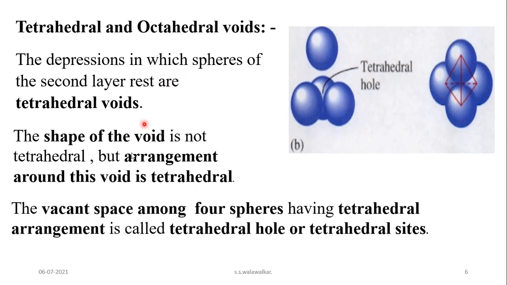And therefore the vacant space among the 4 spheres having tetrahedral arrangement is called a tetrahedral hole or tetrahedral site. So the vacant space among the 4 spheres, 3 from the first layer, 1 from the second layer, having tetrahedral arrangement is called a tetrahedral hole or tetrahedral site.